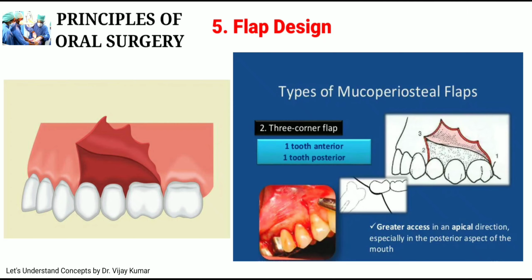Your vertical releasing incision is going divergent toward the buccal vestibule. That means there is an obtuse angle between the vertical incision and the free gingival margin. The vertical release incision should never go through the interproximal area, never split the papilla.